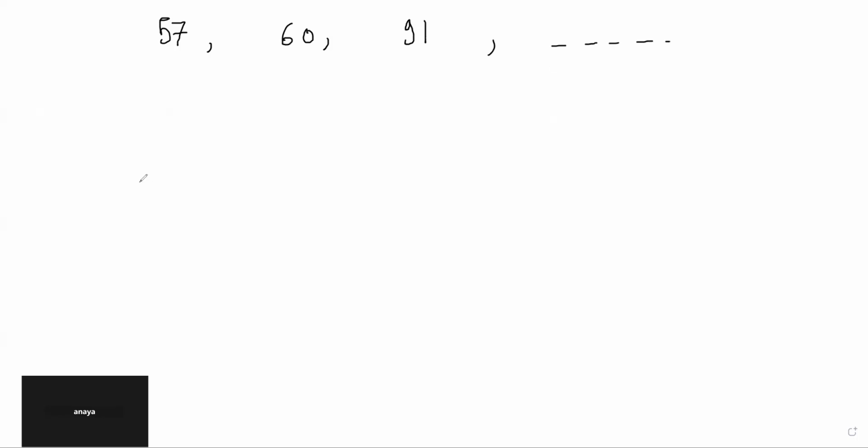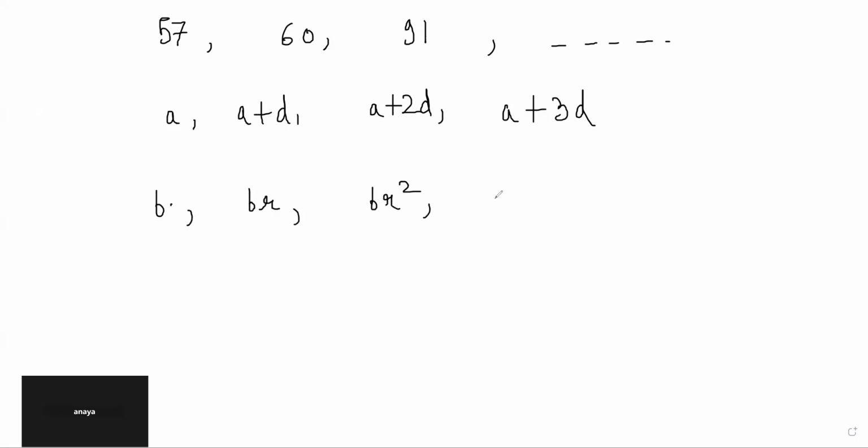So if my AP was A plus D, A plus 2D, A plus 3D, my GP was BR, BR square, BR cube. This is an arithmetic sequence, and this is a geometric sequence.